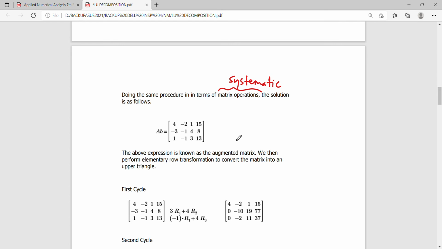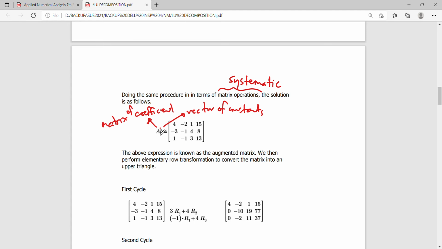So you call this now an augmented matrix, where A is actually the original matrix of coefficients, while B here is the vector of constants. This is written with a vertical bar here, but we can omit it.